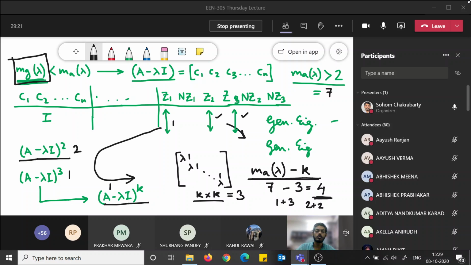Algorithm number 2 is very important, and I will not repeat it here right now, I have to look into my notes once, and it is already available in the notes.